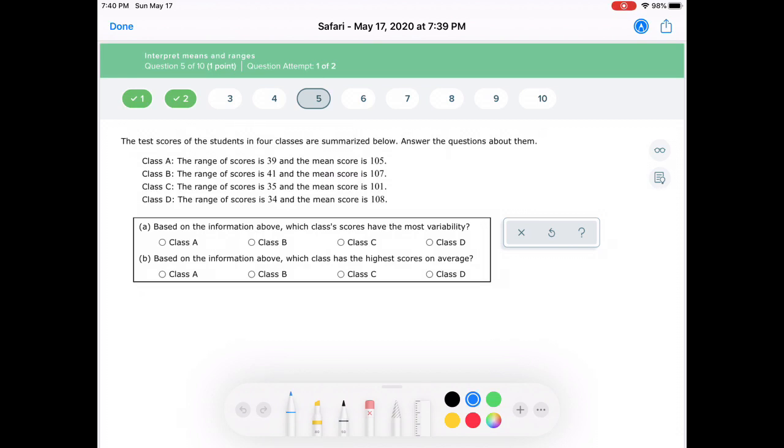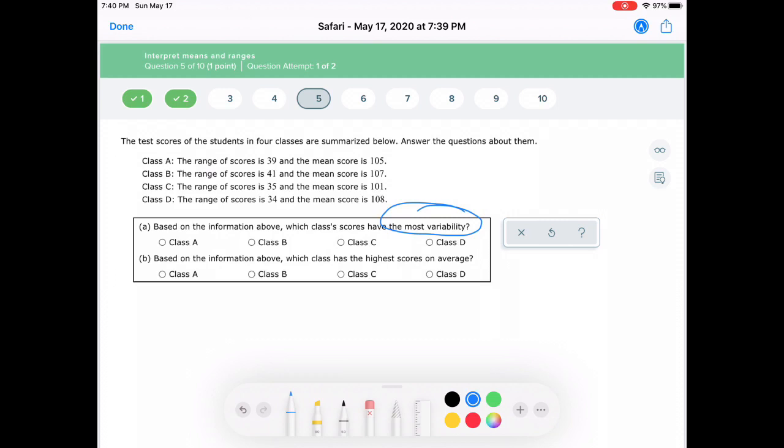Now, these types of questions are really only asking separately what has the biggest or smallest range, and which has the biggest or smallest average. And when it says which class has the most variability, we've talked about the word vary. Vary means to change. We've looked at variables. We put letters in for numbers and we call them variables because it may not necessarily be one value, so it can change.